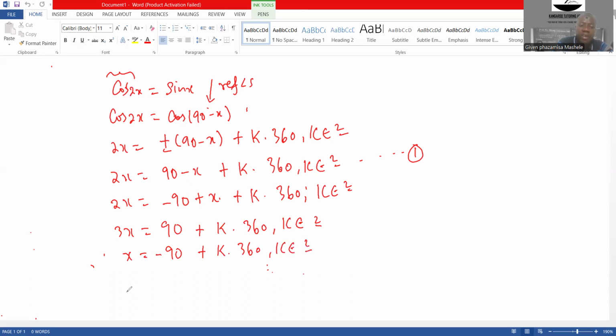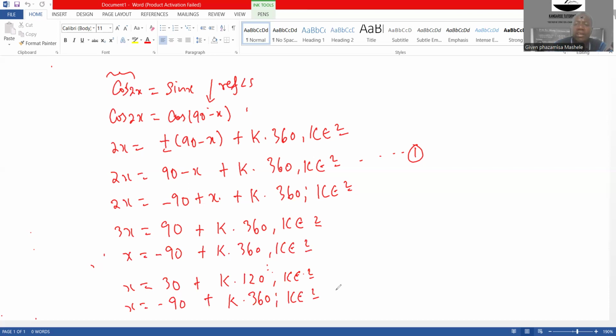Then we can divide everything by 3. 90 divided by 3 gives 30. Unfortunately, the period will change: 360 divided by 3 gives us a period of 120, where k is an element of integers. And the second one is minus 90 plus k times 360, where k is an element of integers.